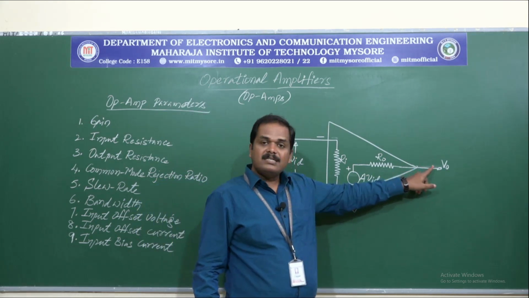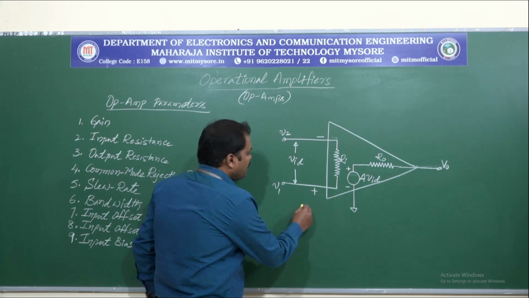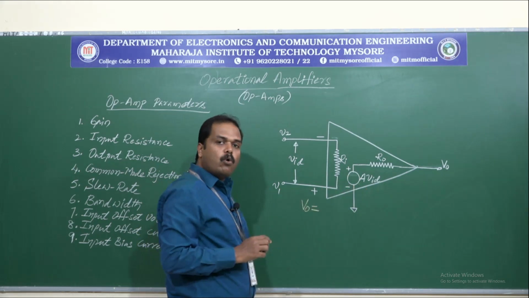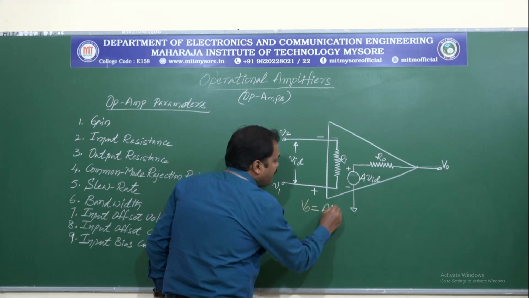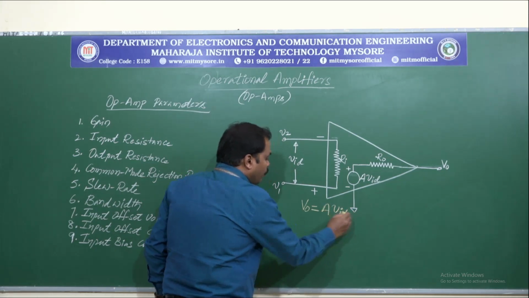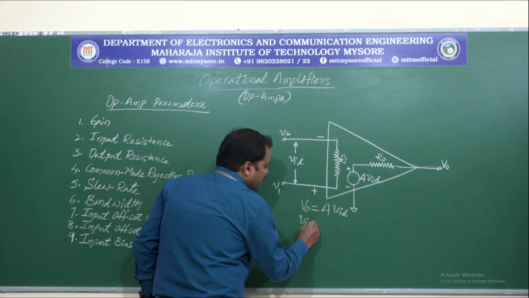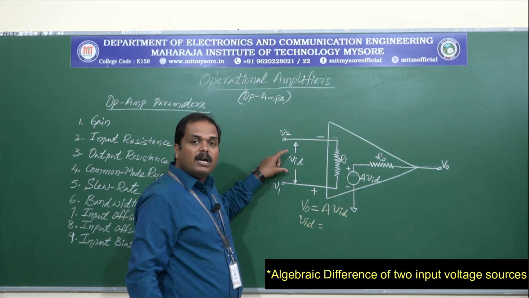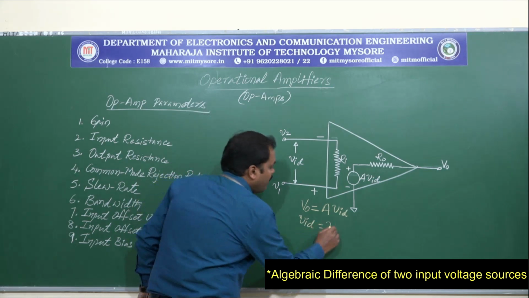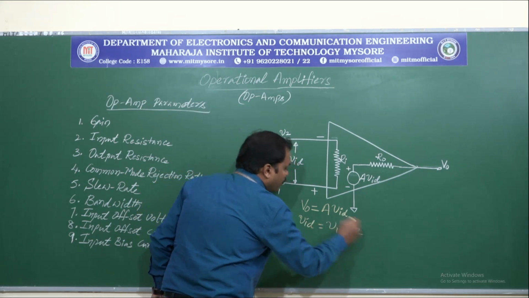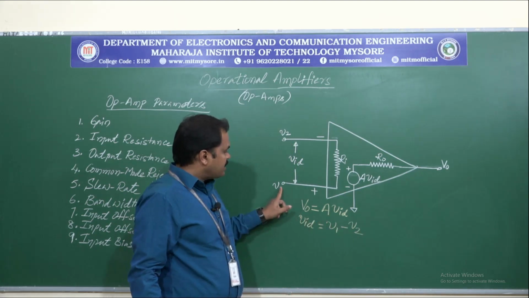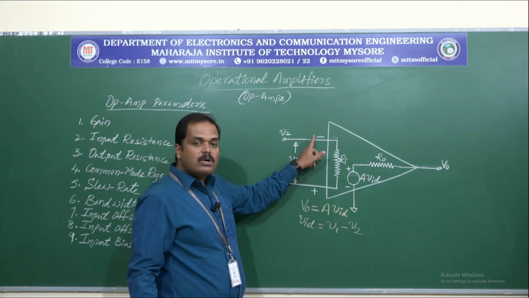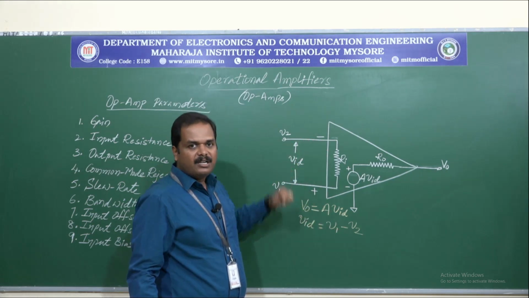V0 is the output voltage, and it is given by the Thevenin's voltage source, that is A into VID, where VID is the algebraic sum of the input voltage sources, that is V1 minus V2, where V1 is the voltage applied at the non-inverting terminal and V2 is the voltage applied at the inverting terminal.